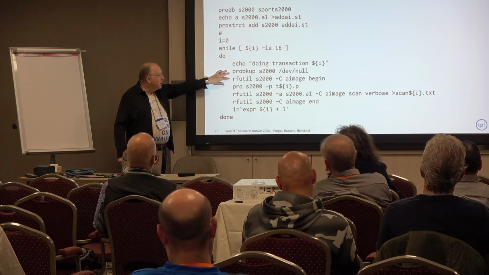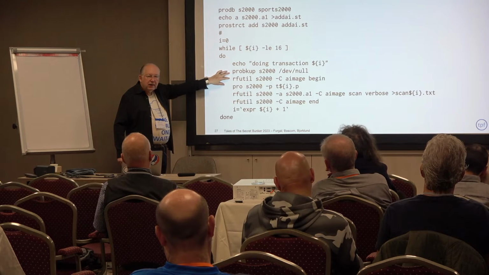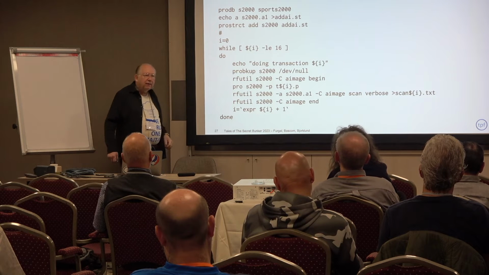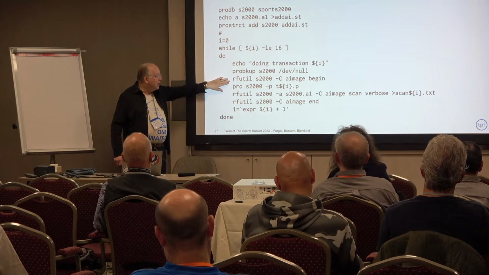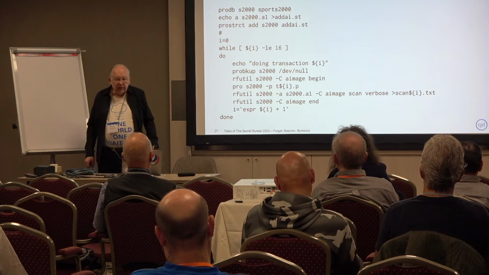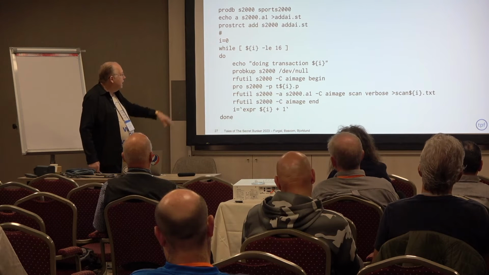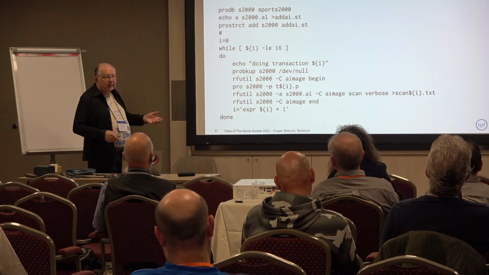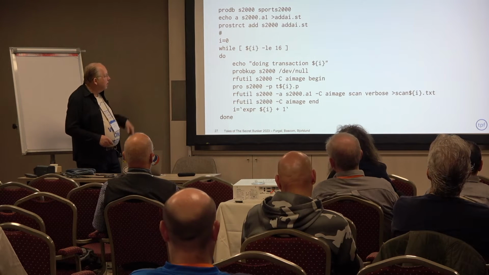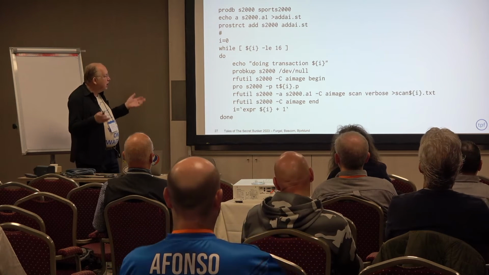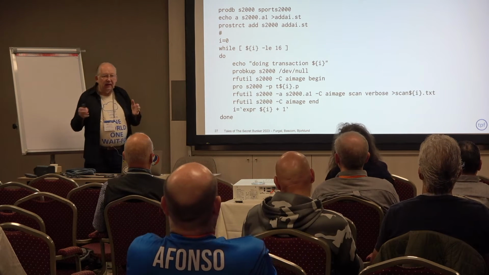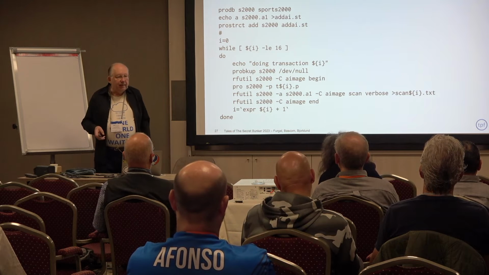I did it in this test because I wanted to start each example with a clean, empty after image file. So I do the backup, start the after imaging, turn it off at the end after the sample has been run and we've done the scan.